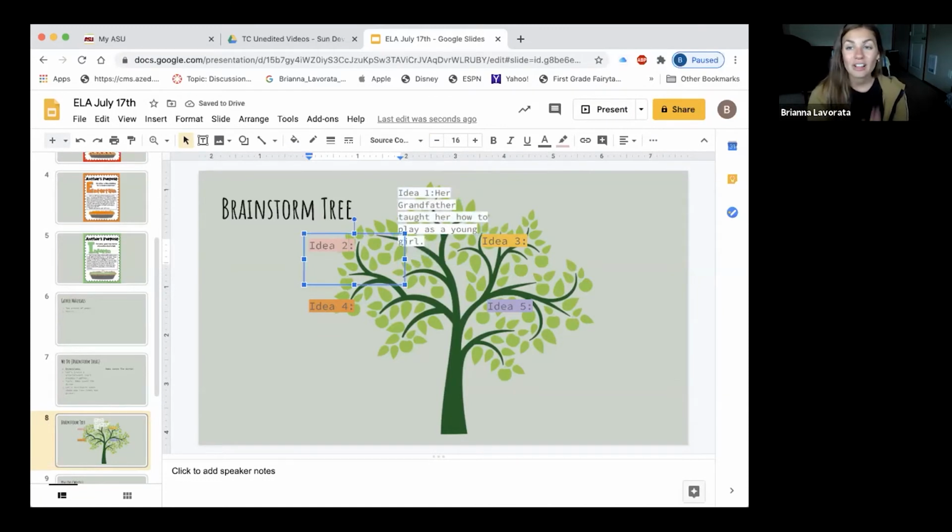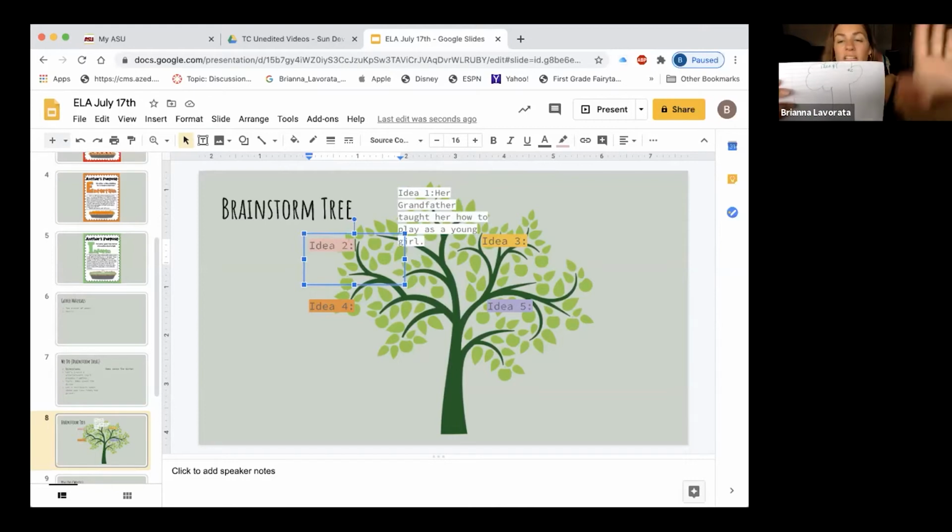Now we're going to fill out idea number 2 here in pink. Sorry. You're going to create a tree that looks like this on your paper. It does not have to be perfect. Just go ahead and write idea number 1 and fill out exactly what I'm writing here on my screen. Just fill that out on your paper.